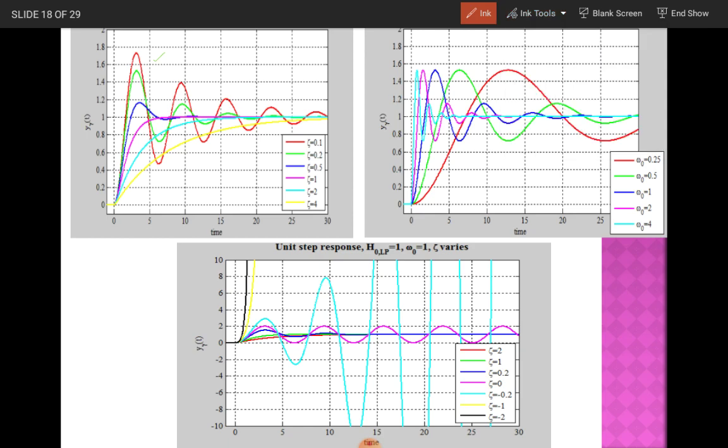If we increase the damping factor value, then the oscillation magnitude minimizes and the oscillations decrease. Then when the delta value is increased beyond 1, the oscillation is completely reduced and you will get a transient, which is equivalent to a step response of a first order system.